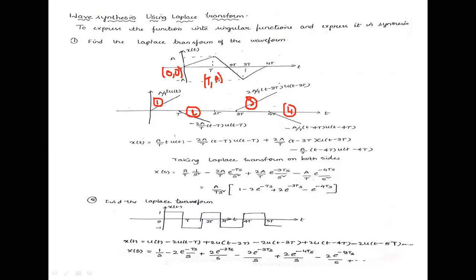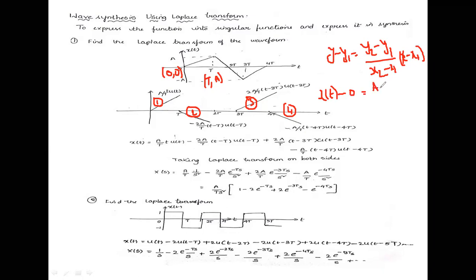For the first one, taking the two points, you know y minus y1 is equal to y2 minus y1 by x2 minus x1, into x minus x1. This is a straight line equation with slope m: y is equal to mx plus c. What is y here? The y-axis is x of t, so x of t minus y1, where y1 is 0.